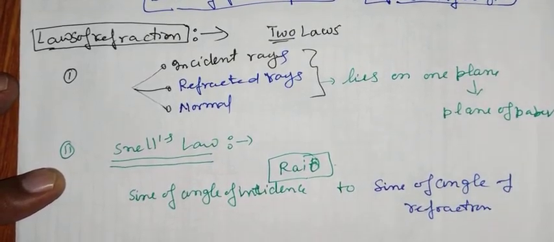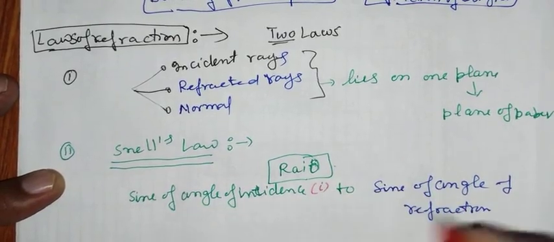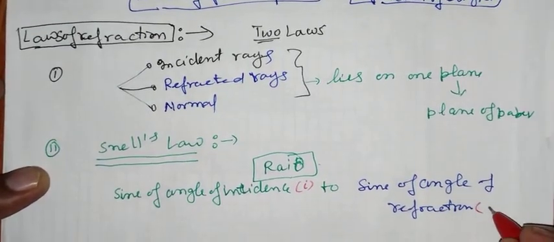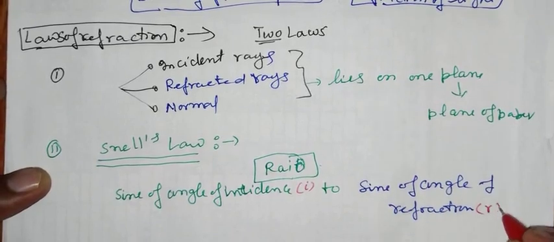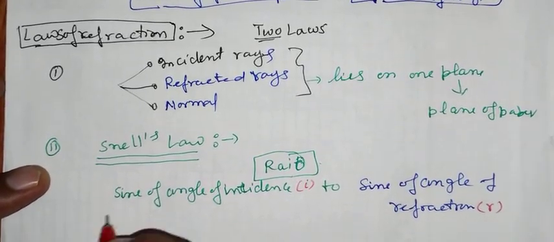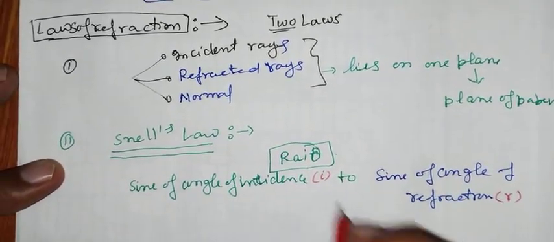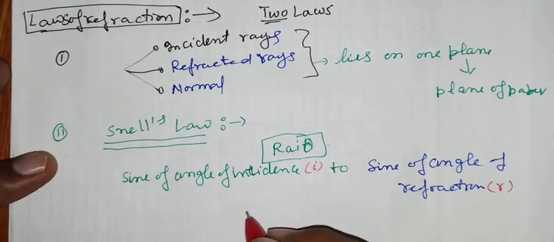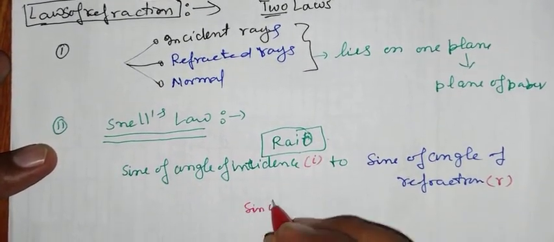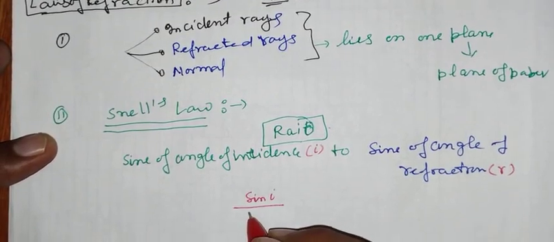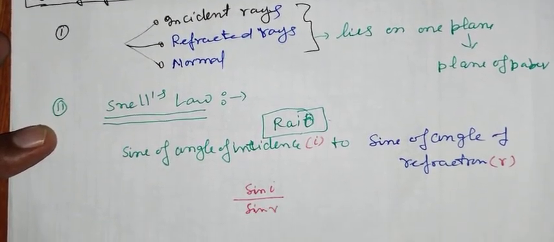Sine of angle of incidence is represented by I, and sine of angle of refraction by R. So mathematically, this is sin I divided by sin R.